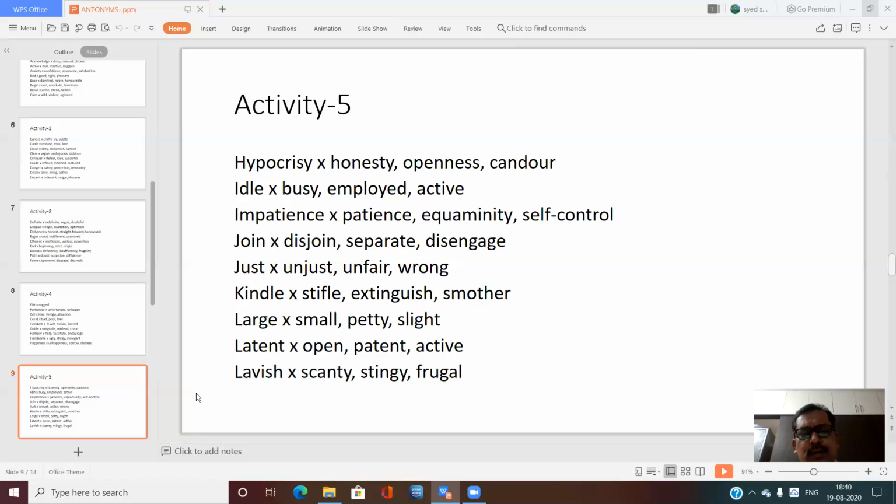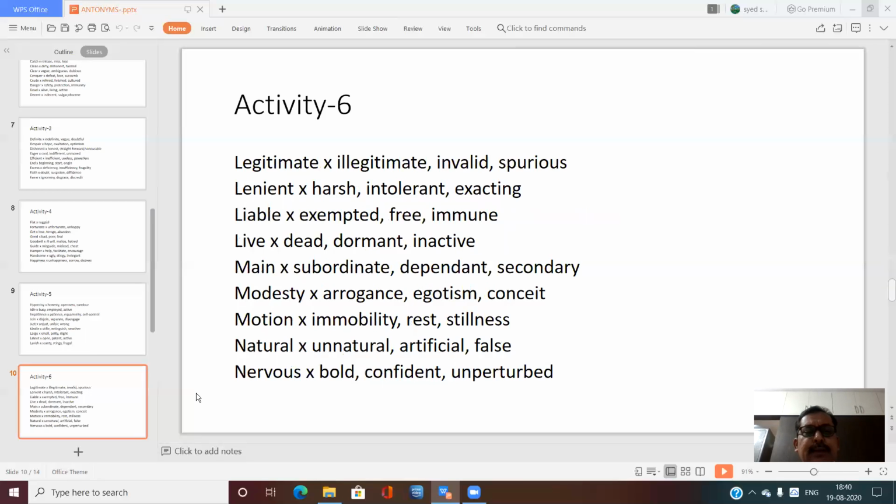Lavish means spending money or showing affection lavishly, extravagantly. So the opposite words are scanty, limited, stingy, miser, frugal, economical. Frugal means economical. Stingy means miser. Scanty means limited in resources or spending.